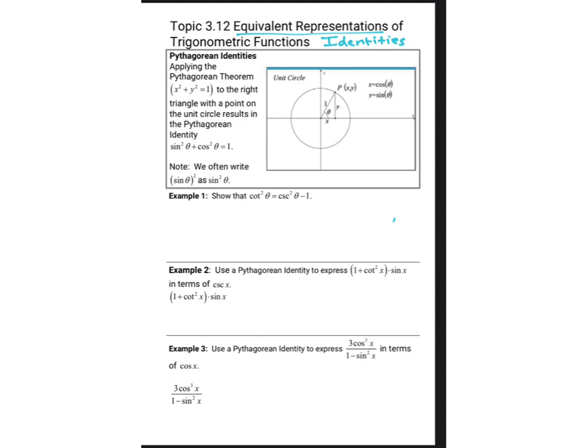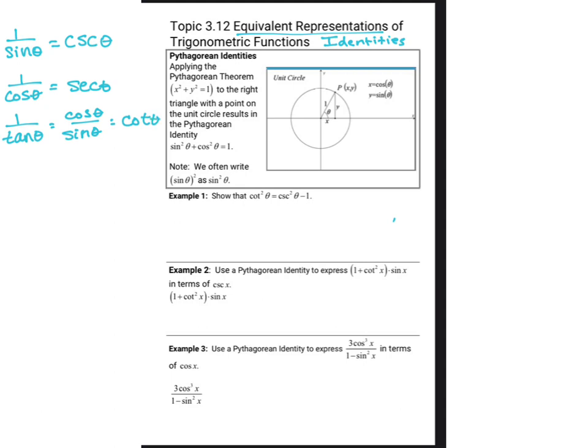You already know that 1 over sine theta is cosecant theta. You already know that 1 over cosine theta is secant theta. You already know that 1 over tangent theta, or cosine over sine, is cotangent.